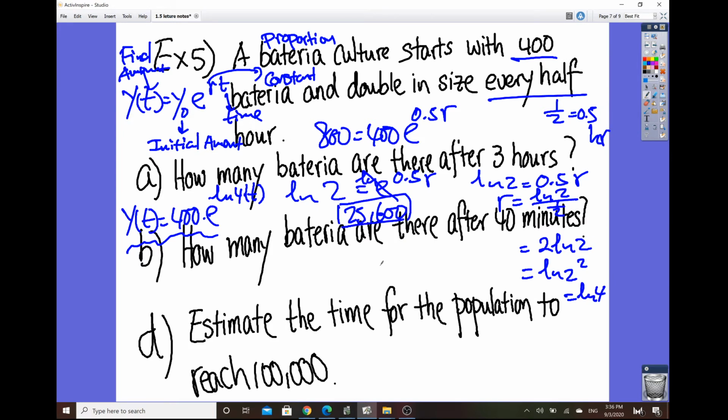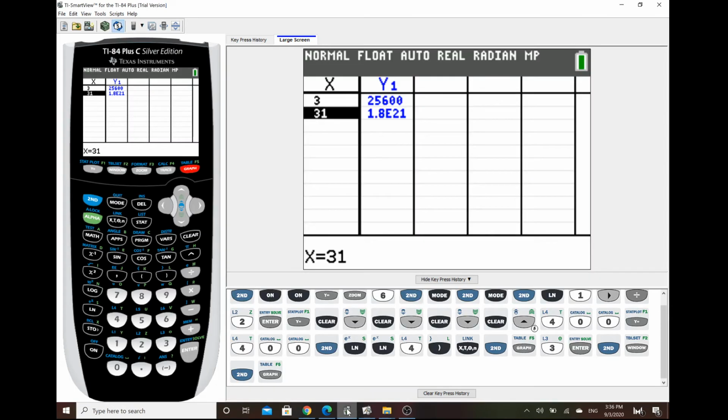And now, what about the bacteria after 40 minutes? Again, the time is in the unit of hours, so we need to convert that minutes to hours. So it's 40 over 60, so that means the time is considered 2 over 3 after you reduce it. So now back to the calculator, and let's put in 2 over 3.